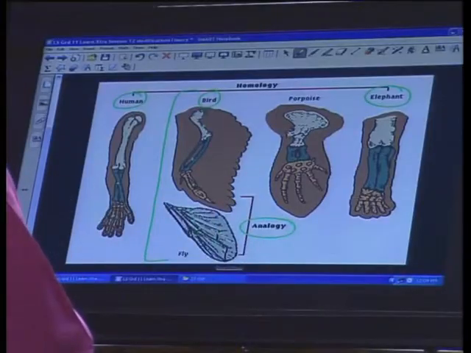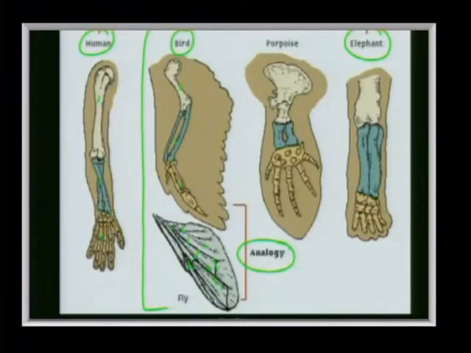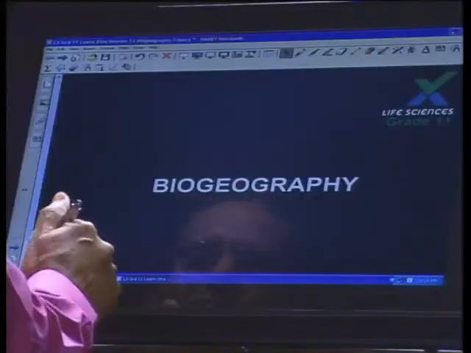In other words, the internal structure on the inside is not the same, which means they are analogous structures. But the human compared with the bird, you can see colored differently. The fundamental structure is the same, common ancestor, so it is an example of homologous structures.